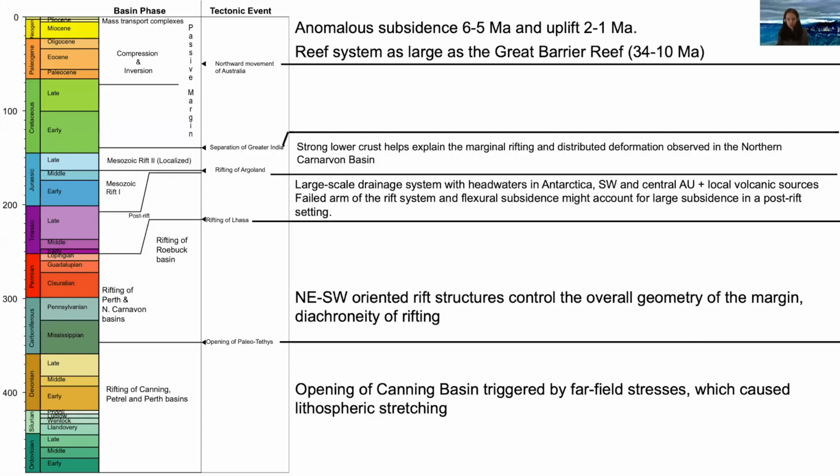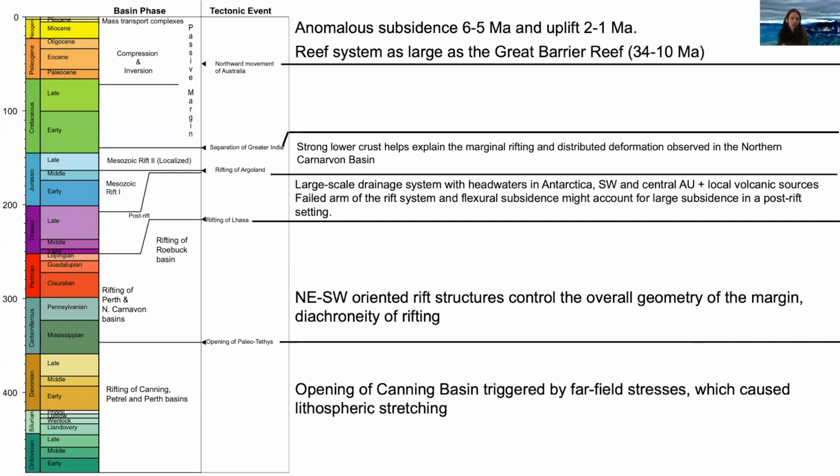Okay, just to summarize all these syntheses that we have presented: we have the opening of the Canning Basin in the Devonian, which was triggered by far-field stresses, which in turn caused lithospheric stretching.